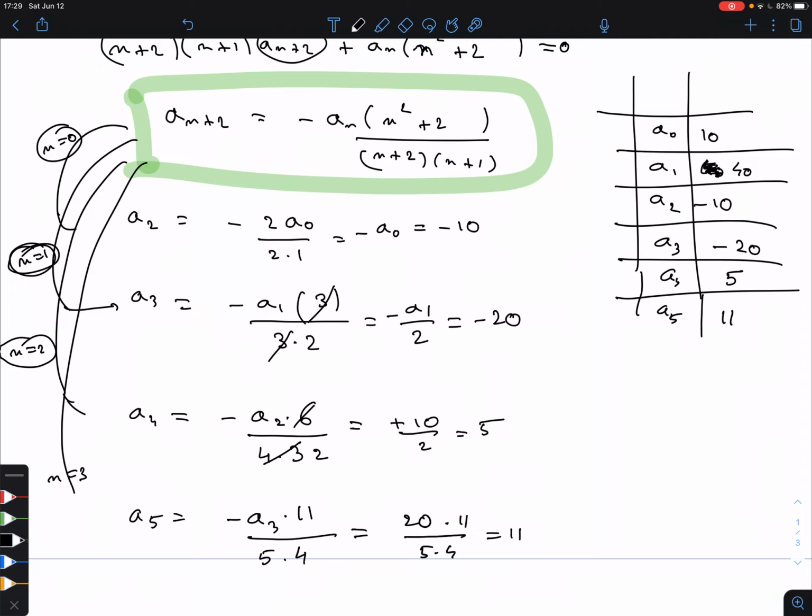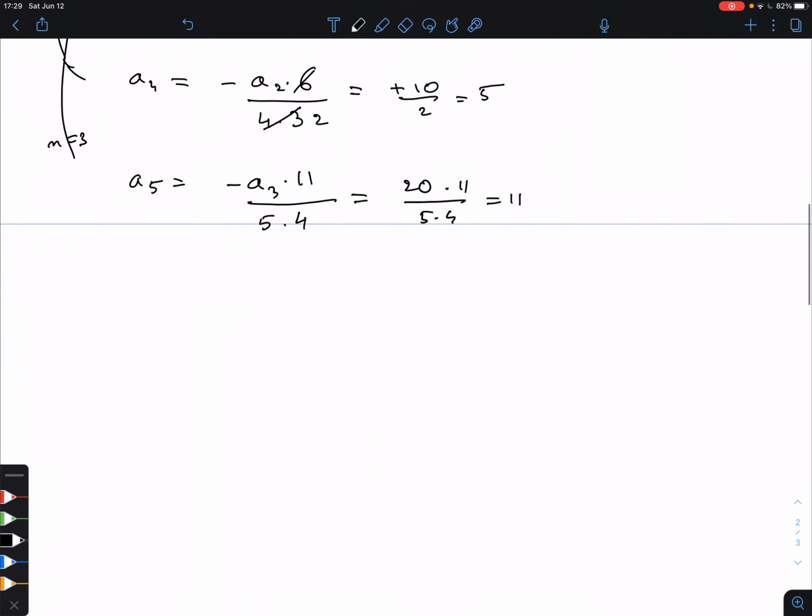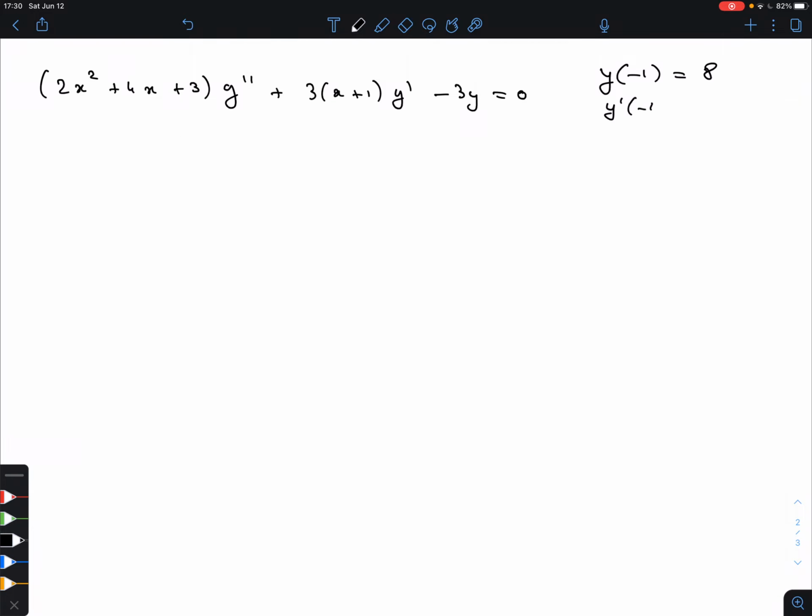And then the other one I want to do is this one here, 2x squared plus 4x plus 3 y double prime plus 3x plus 1 y prime minus 3y equals 0, and the initial conditions are y at negative 1 is 8 and y prime at negative 1 is 5.